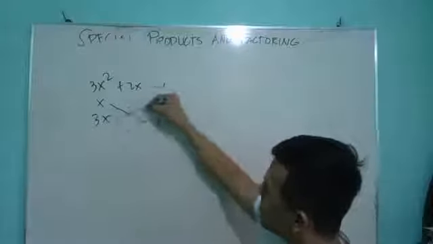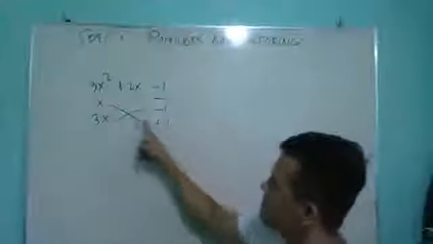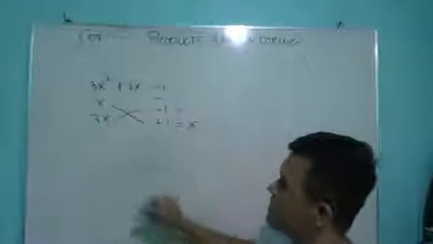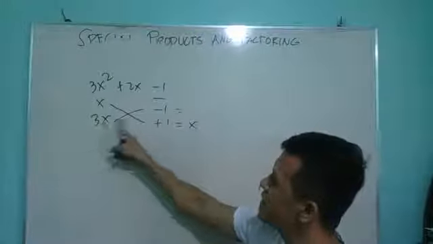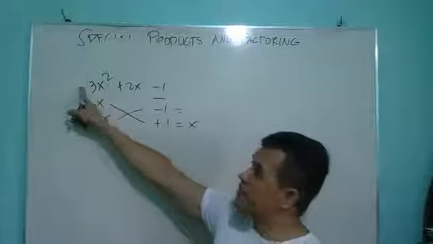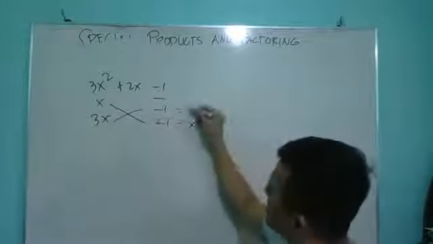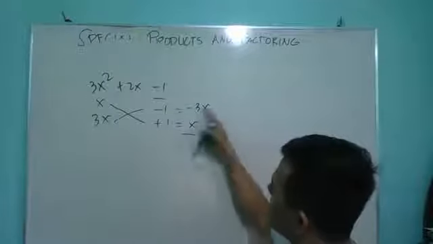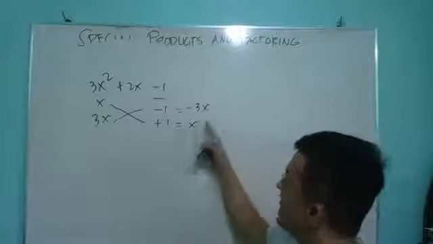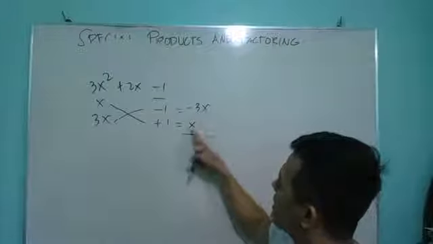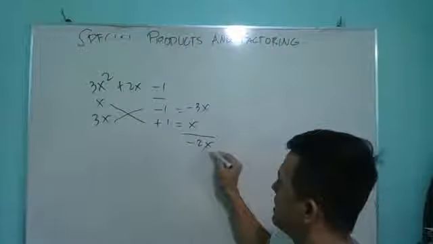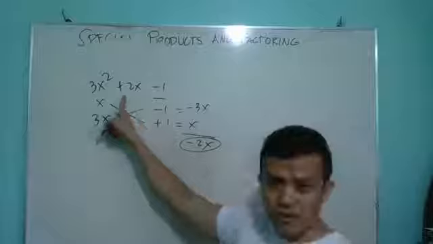Cross multiply them: x times positive 1 is x, right? And then 3x times negative 1 is negative 3x. This is only needed if the leading term has a coefficient of more than 1. Adding them, negative 3x plus x is negative 2x. Is it the middle term? No, it's wrong.